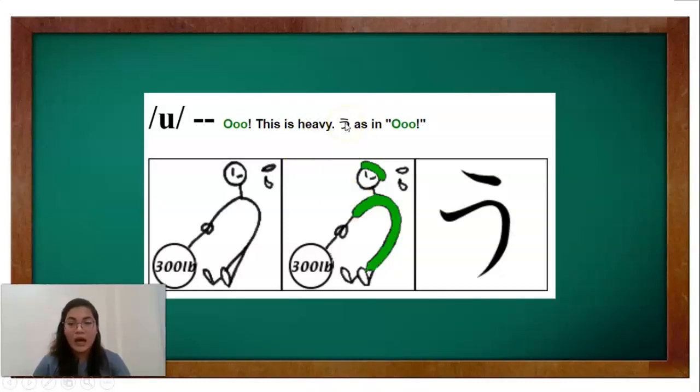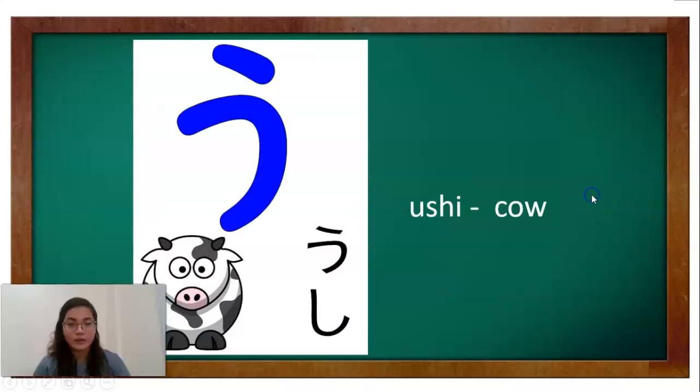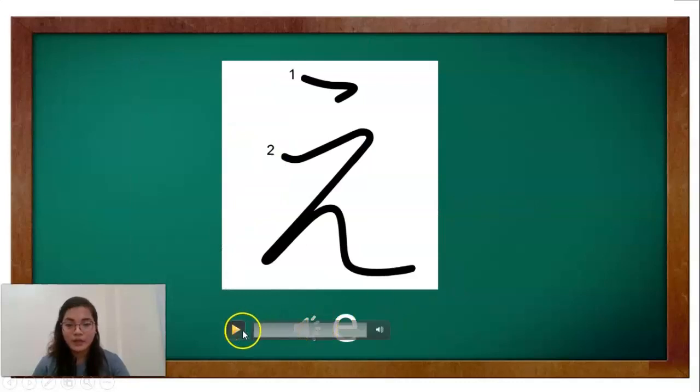So U as in U. Okay? And here's an example word that starts with U. Ushi. Ushi means cow.